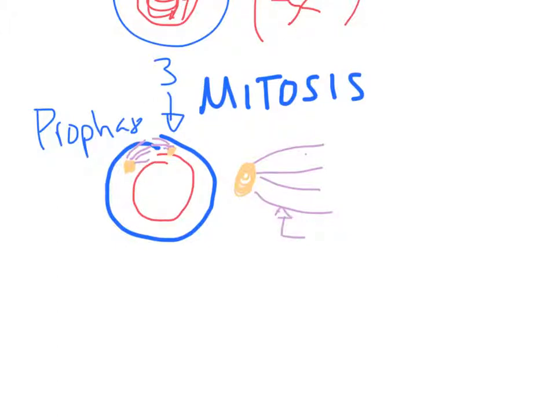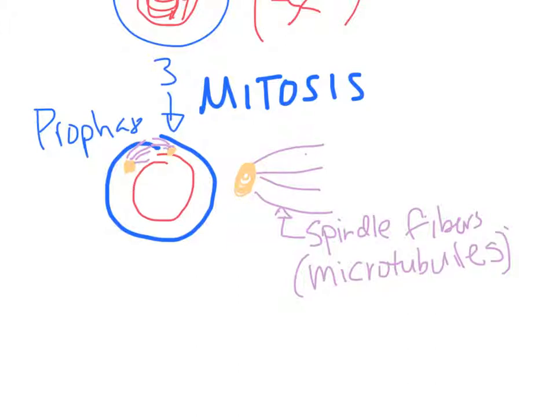So these are spindle fibers made from microtubules. Those are those contractile proteins, and they are going to help pull the chromosomes apart. So they're going to start to form, and the centrosomes are moving around to opposite poles of the cell.